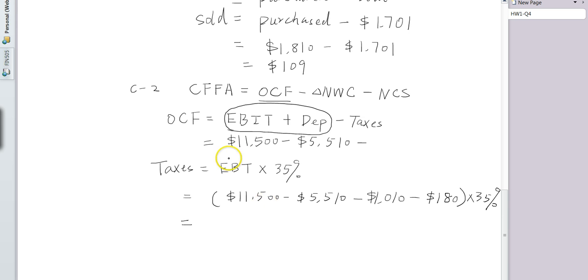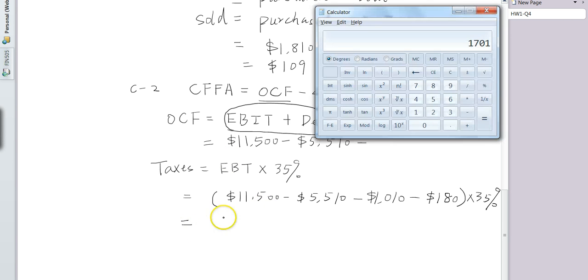So then just pull out my calculator. That's 11,500. Oh, one more zero. Minus 5,510 minus 1,010 minus 180 equals, that's my taxable income, times 35%, 0.35.